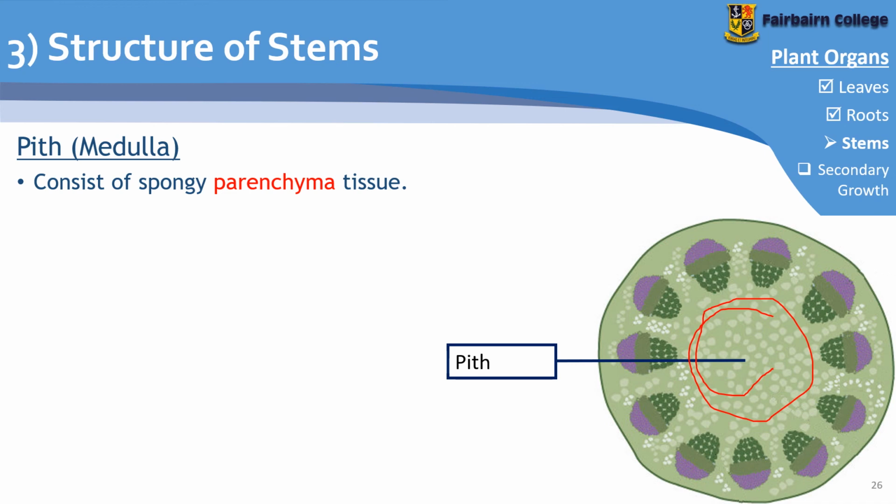It's just a bunch of parenchyma tissue that makes up this middle layer, and it is just there to fill the area. It will have some storage, or it will store some nutrients, but the main function there is just to fill the space in between the layer of vascular tissue that goes around it.